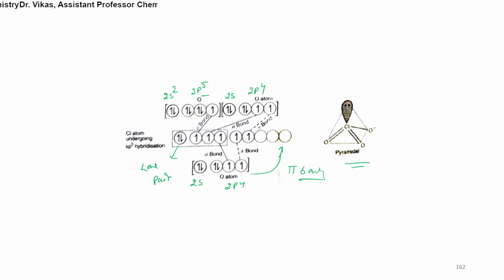So if you consider the lone pair also, then is it tetrahedral? But as the lone pair is not considered, the shape is pyramidal. Hybridization is the same, sp3. So the structure of the chlorate ion will be pyramidal, but its geometry will be tetrahedral. Geometry and structure are different: when we talk about geometry we consider lone pairs and bond pairs, but when we talk about structure or shape we consider only the bond pairs, not the lone pairs.